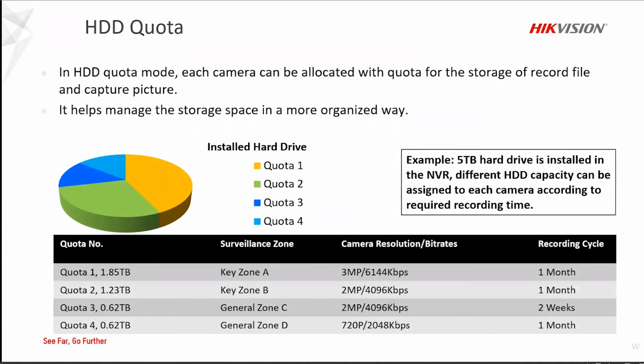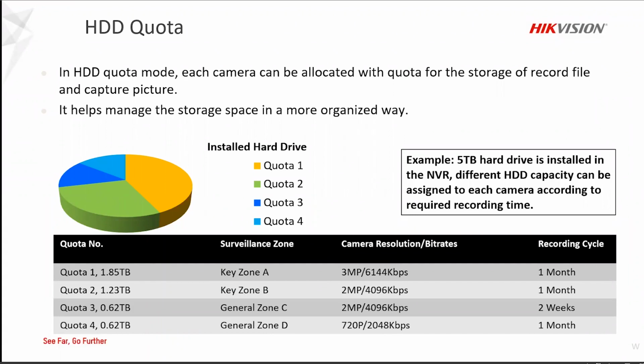Okay, let's get to business and talk about the hard disk quota method. What simply happens here is you can divide the hard disk into parts and allocate each part to a different camera.